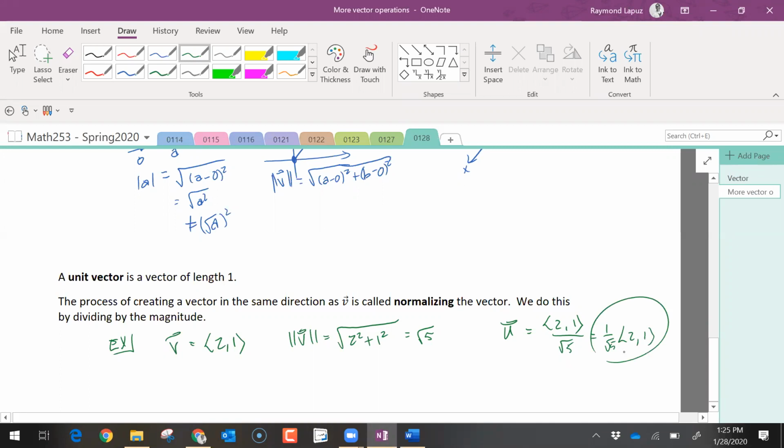It's just the same thing as multiplying by its reciprocal. And if you really, really want to write it in components, you could say 2 over root 5, comma, 1 over root 5. And I encourage you to take the magnitude of this new vector and show that the magnitude is in fact equal to 1.